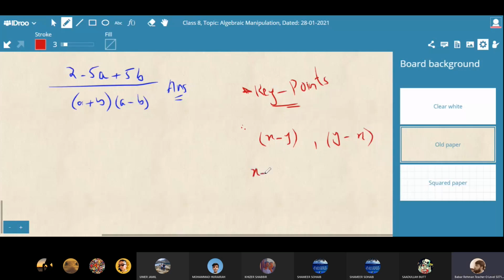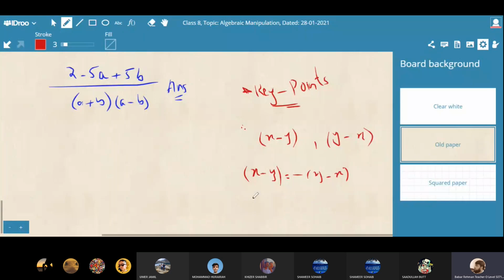I have given you an example: x minus y is equal to minus (y minus x). Look at this, if you take minus common, you get y minus x. Be careful, this is equal to this one.